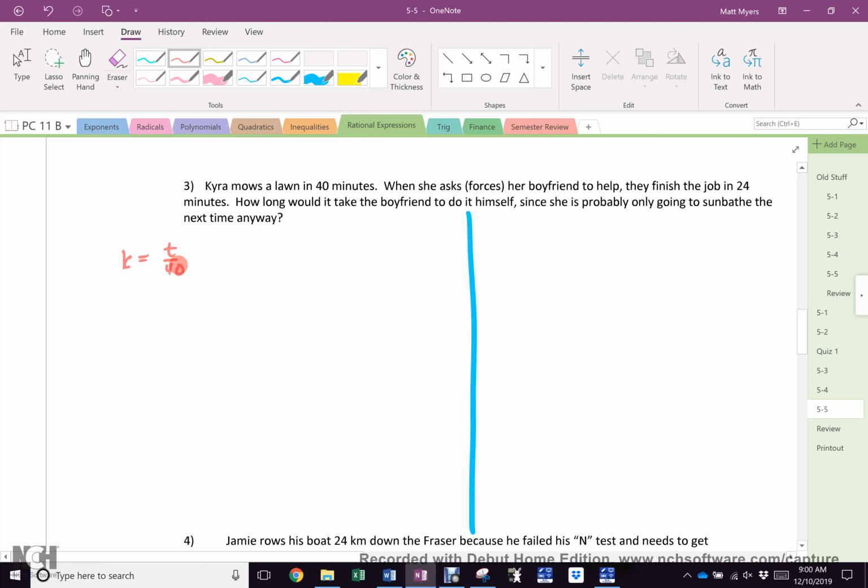Her boyfriend, Billy Bob, will take how long? Do we know? No. So that would be T over what? Another variable, right? So x, sure.